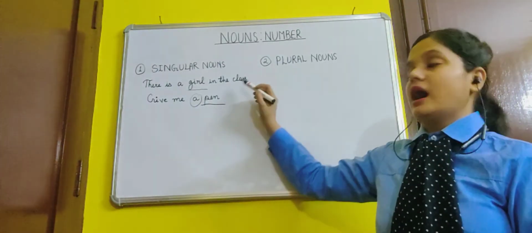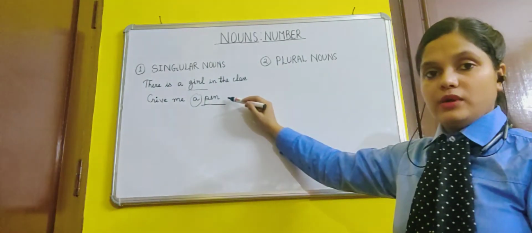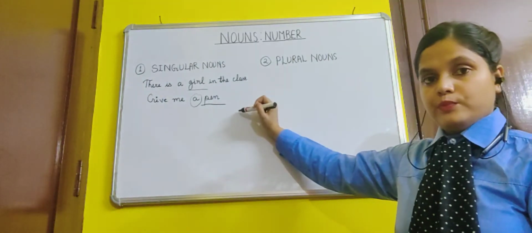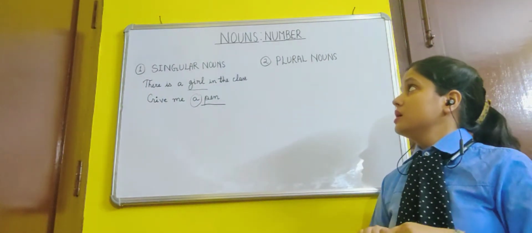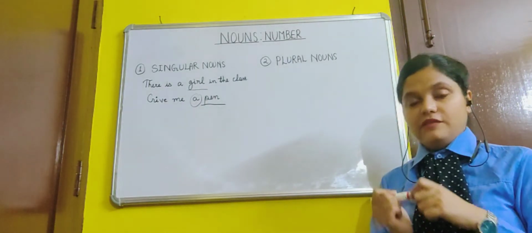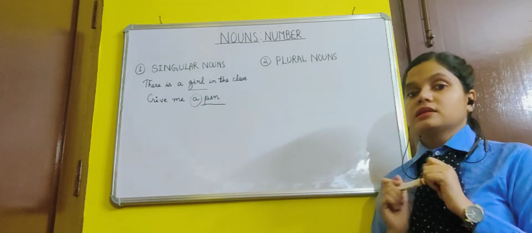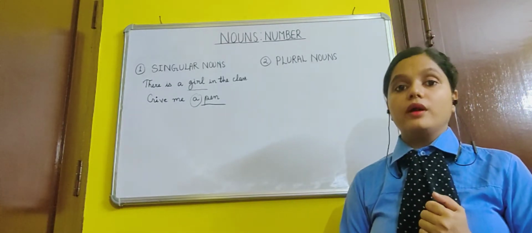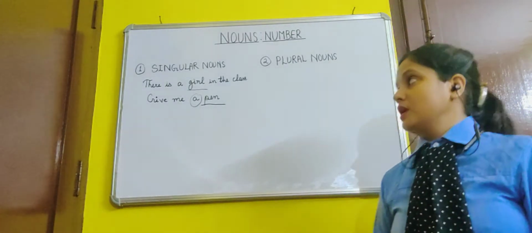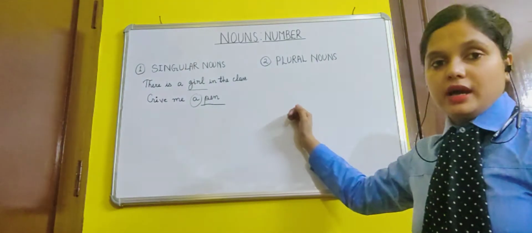So here I use this noun in singular form. So the singular number of noun is when we talk about only one thing, one person, one place, or one animal. So these are singular nouns.